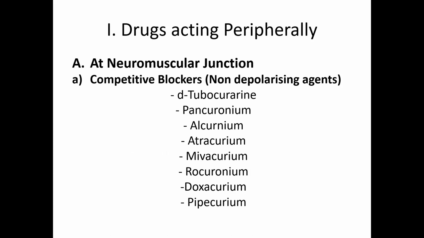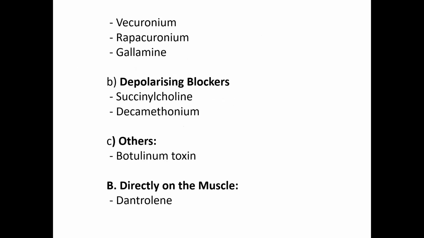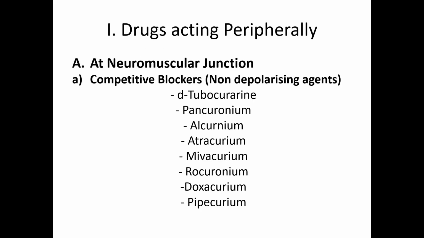The drugs which come under competitive blockers, the non-depolarizing agents, are D-tubocurarine, pancuronium, alcuronium, atracurium, mivacurium, rocuronium, doxacurium, pipecuronium, vecuronium, rapacuronium, and gallamine. Among these, D-tubocurarine is the naturally occurring skeletal muscle relaxant.